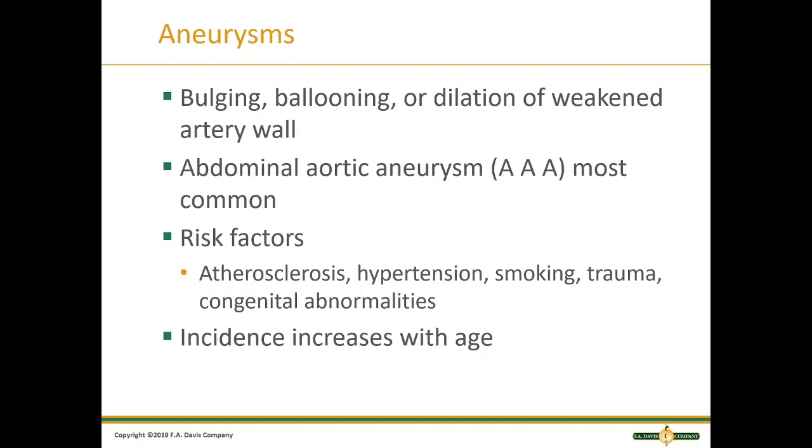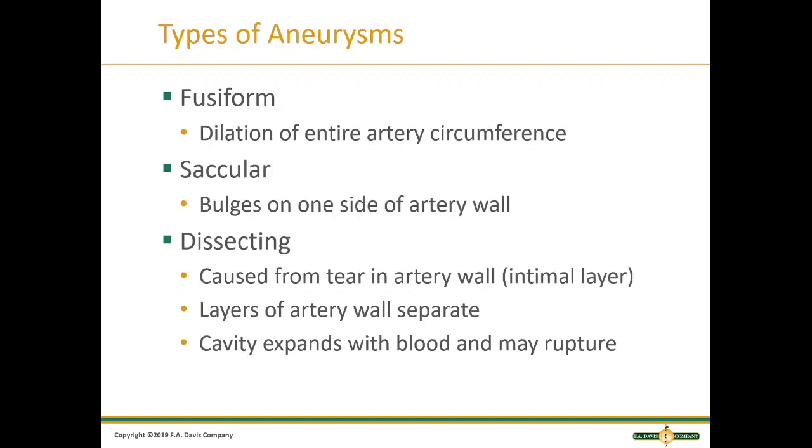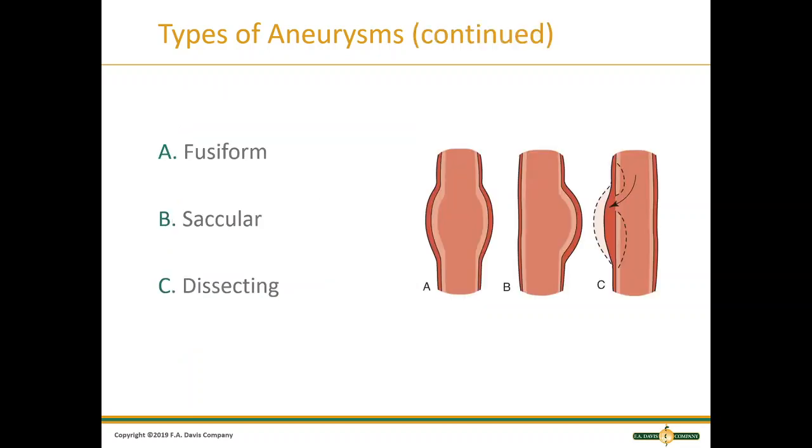A triple A, that's an abdominal aortic aneurysm, can be deadly. Any of these can be actually. These are the different kinds. When they tear away from the wall, you're looking at death. Very severe, immediate action is needed.